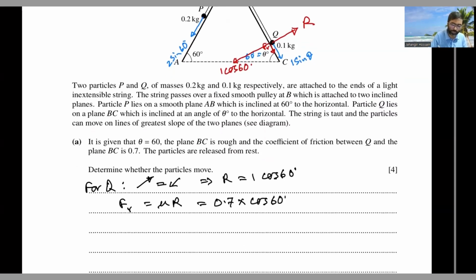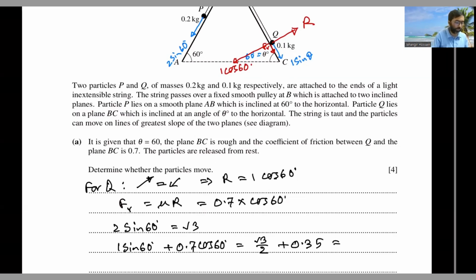Now we have to check whether 2 sin 60, which is root 3, is greater than 1 sin 60 plus 0.7 cos 60. This is root 3 by 2 plus 0.35. Let's calculate it in decimals.